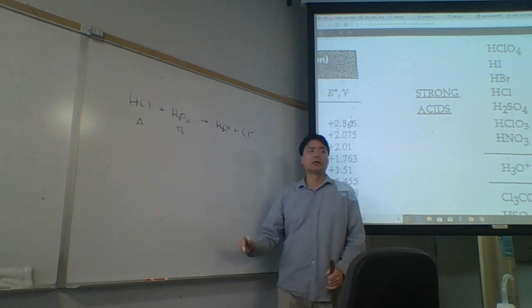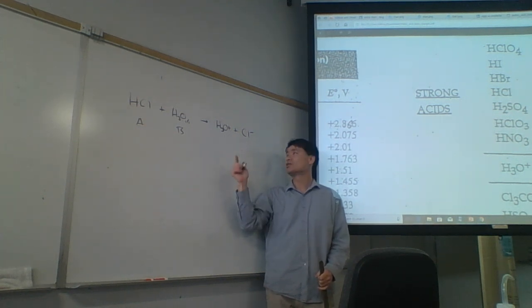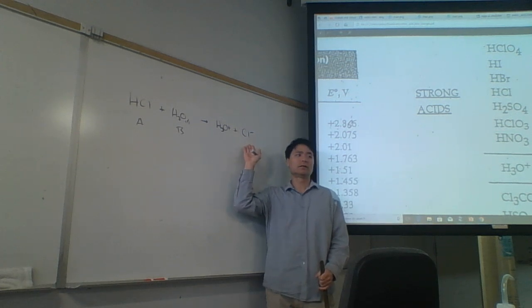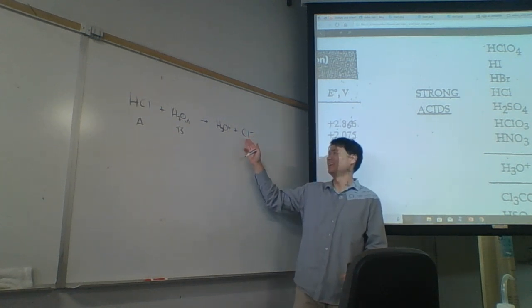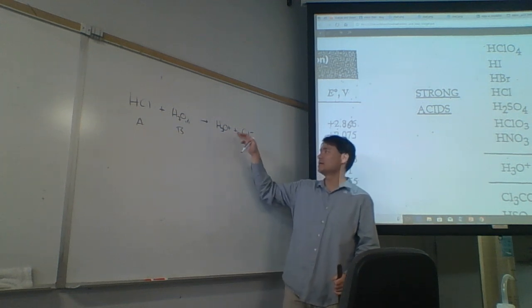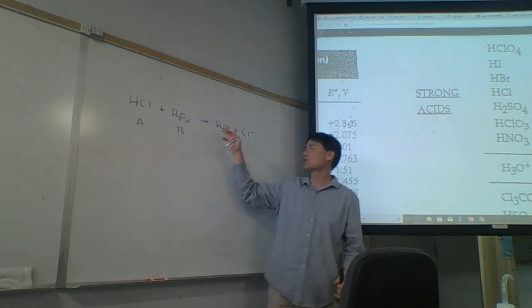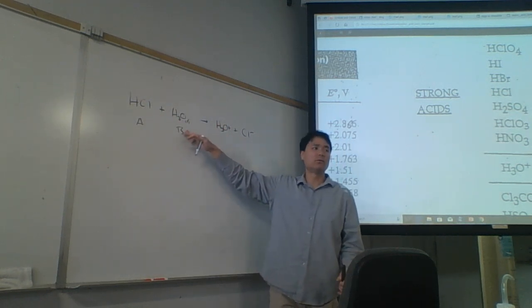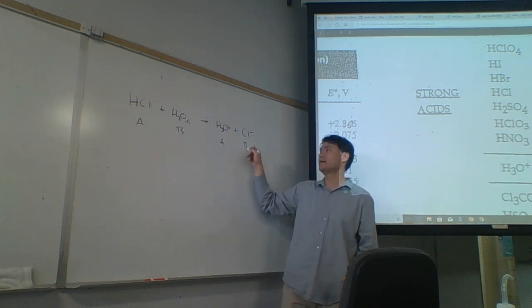In other words, the base takes the H plus. Who's taking the H plus, chloride or hydronium? Actually, chloride has no hydrogens. And so if we go backwards, chloride takes an H from hydronium to form HCl, and hydronium loses an H to form water.